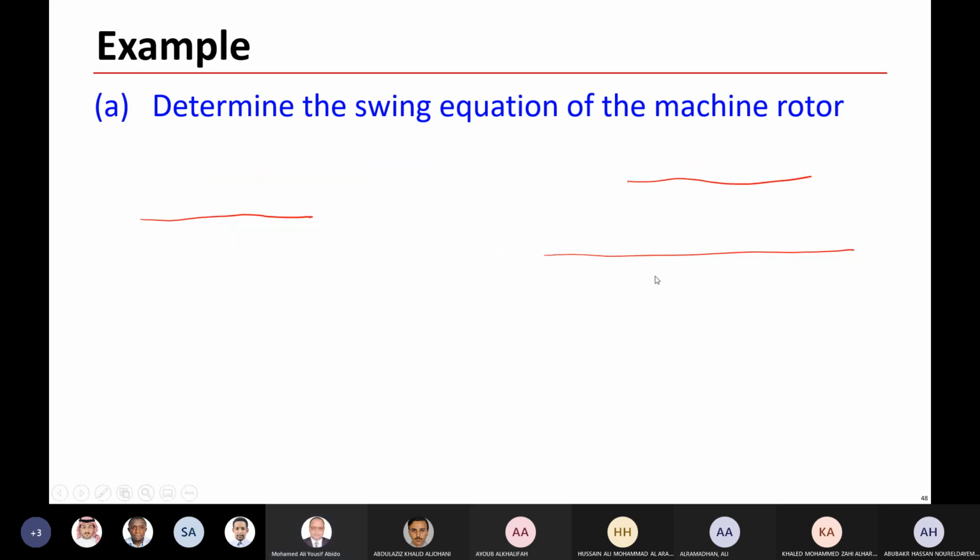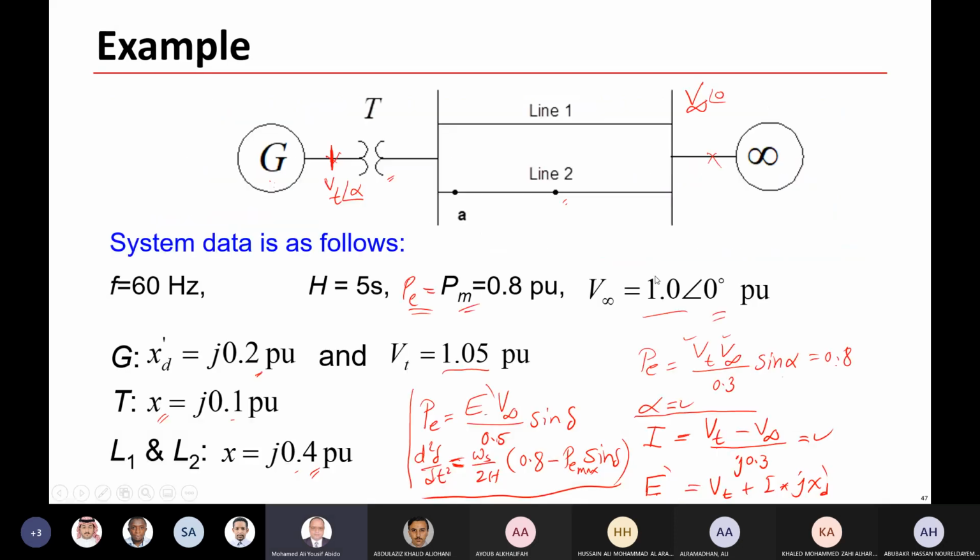So if the fault occurs here at point A, how much is the power transfer to the infinite bus in this case? Is it zero or not zero?